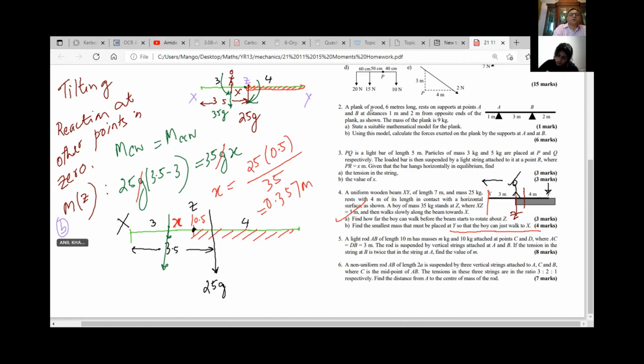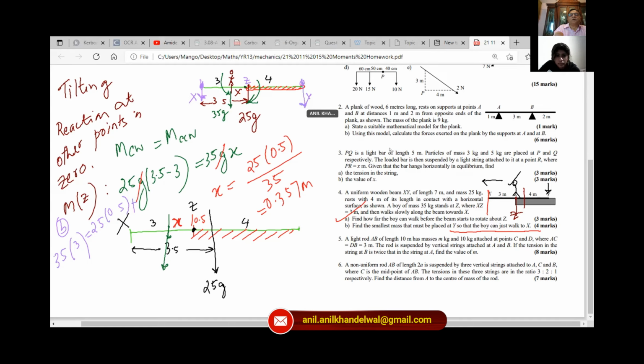If the boy is able to walk up to this place, then finally 35 kg will be at X, right? So the counterclockwise moment will be 35 times 3, because the distance is 3 from G, right? And that should equal 25 times 0.5 plus mass, which is acting here, right?